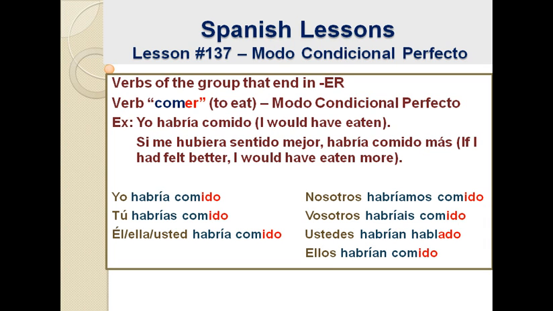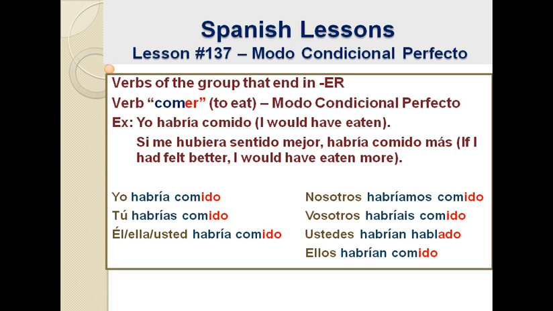Yo habría comido. I would have eaten. Tú habrías comido. You would have eaten. Él habría comido. He would have eaten. Nosotros habríamos comido. We would have eaten. Vosotros habríais comido. You would have eaten. Ustedes habrían comido.